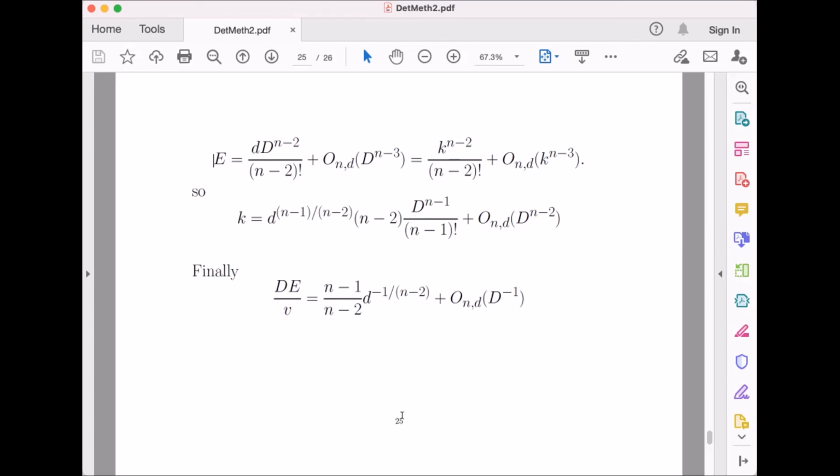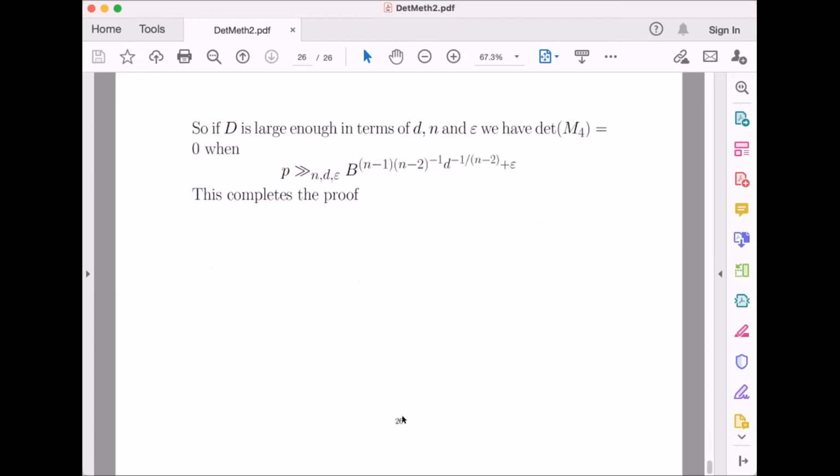Ultimately what we find is that if you chose your degree D large enough in terms of the other parameters, det M4 will be 0 when p is this large. And that completes the proof.